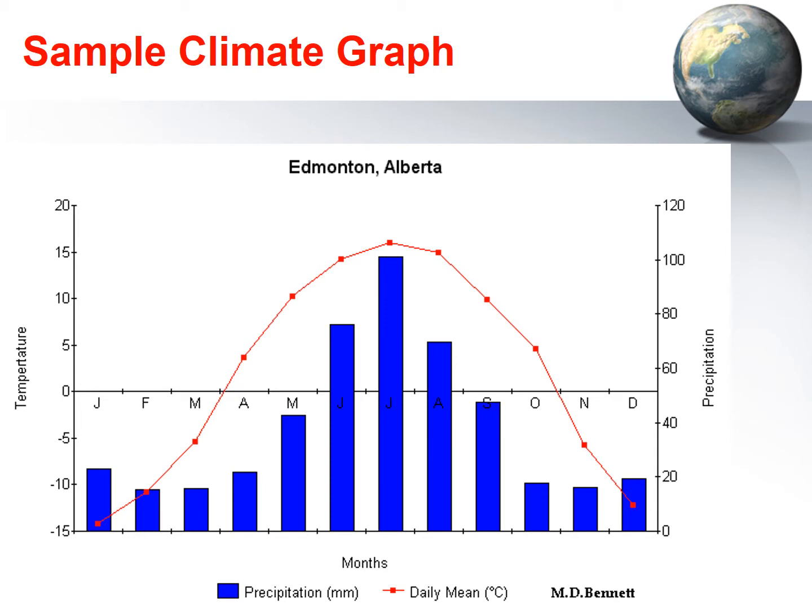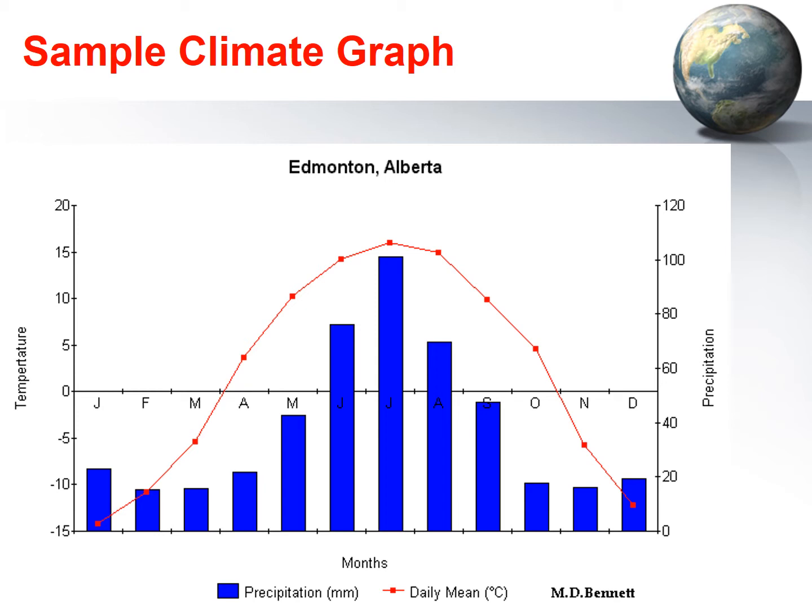Other additional organizational points is that every month, January, February, March, April, May, June, July, August, September, October, November, and December are laid out one at a time in the correct chronological order. But to keep the graph from being messy, we just put the single letter for each one.